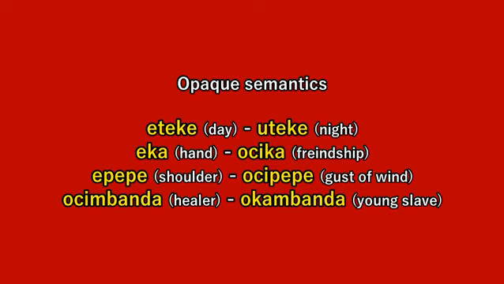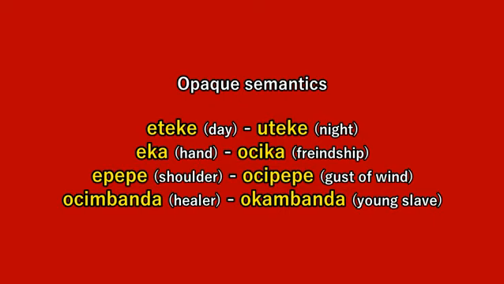People go hand in hand because they are friends. Opepe is a shoulder. Ochipepe is like a gust of wind. Maybe because a gust of wind blows over your shoulder. It's anyone's guess. Ochibanda is a healer. Okambanda is a young slave.